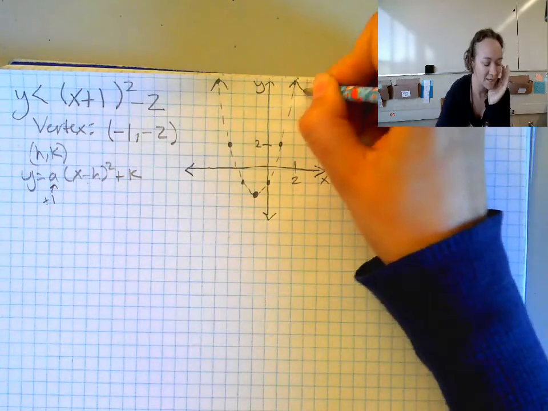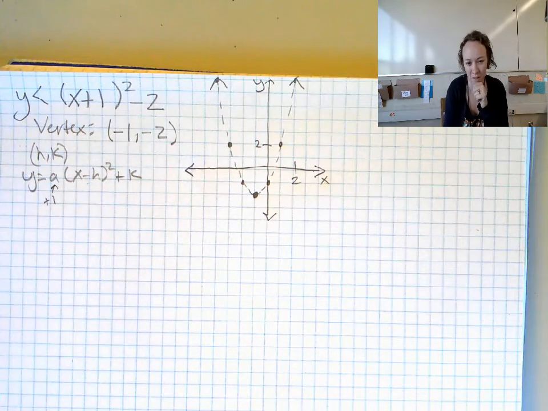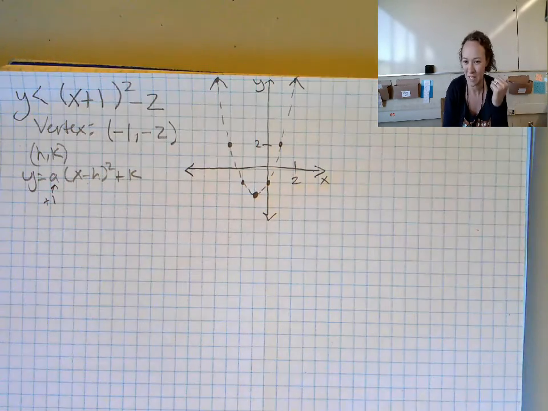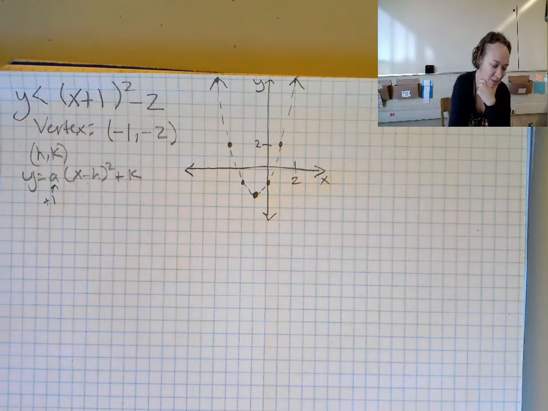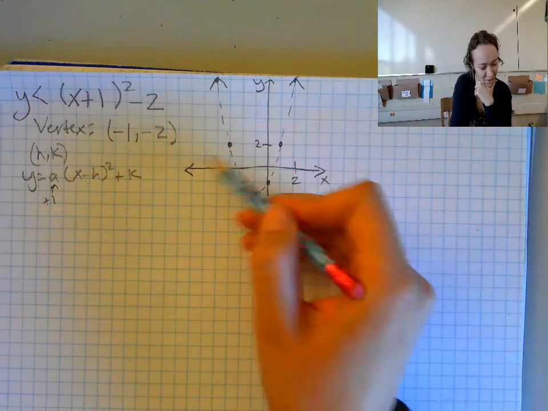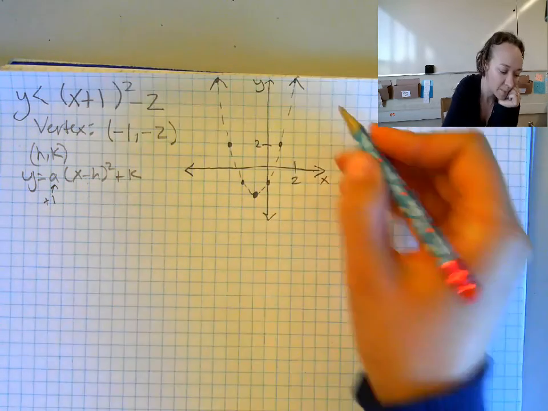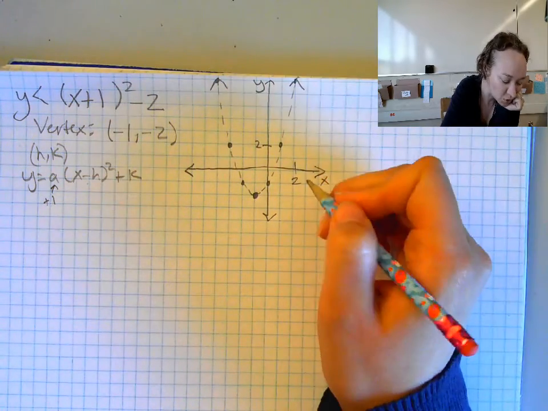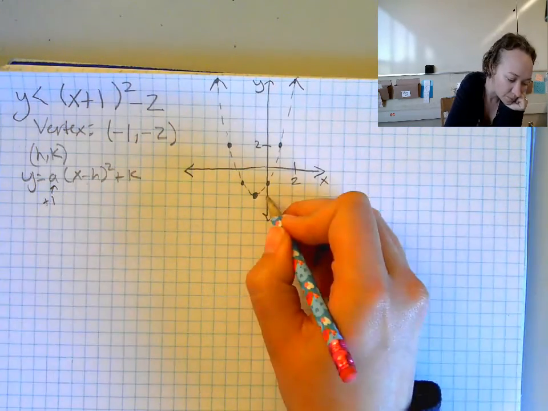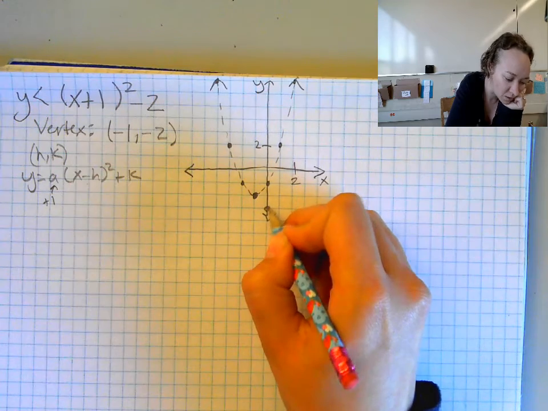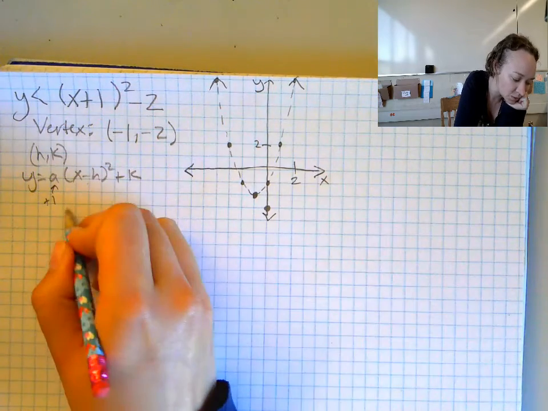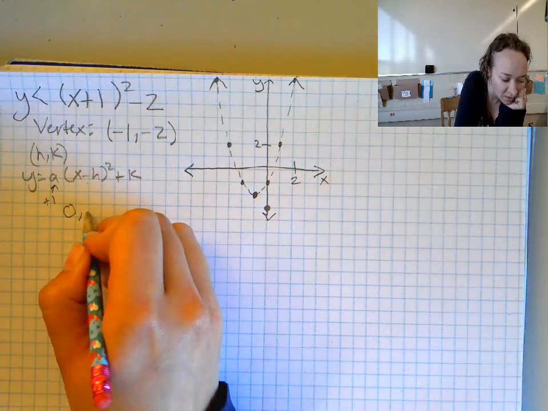Okay, and now it says less than. So what does less than mean as far as a parabola goes? Let's test. I have a theory that it's going to be the below stuff, but let's try it. So maybe I'll try that point right there, where x is 0 and y is -3.